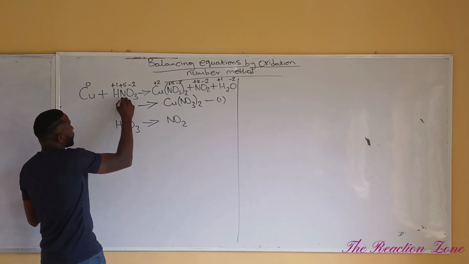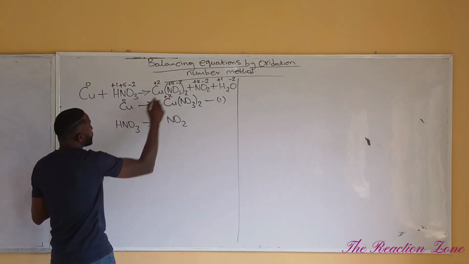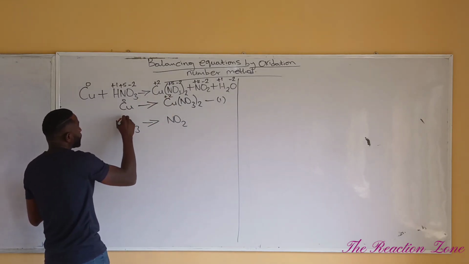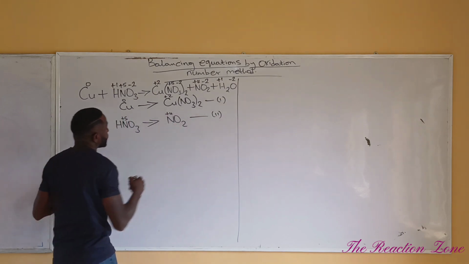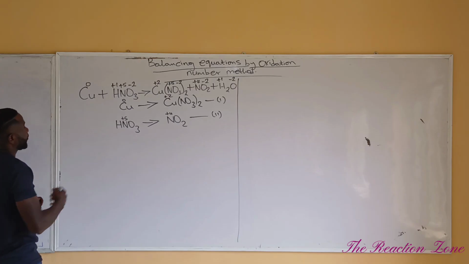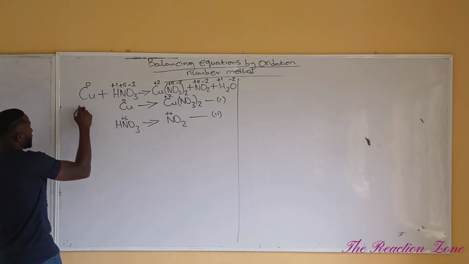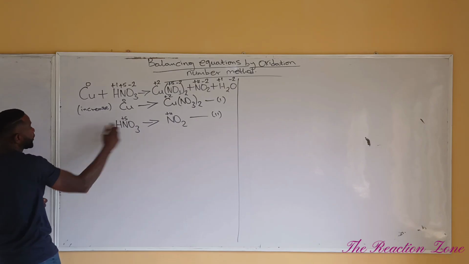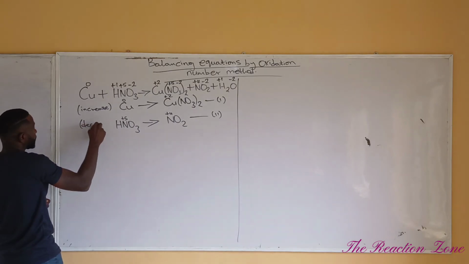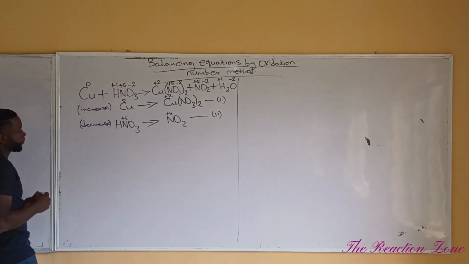You can see that this copper here is 0, copper here is +2, nitrogen here is +5, nitrogen here is +4. So this is our equation 2. In the first one, there is an increase in oxidation number. In this one, there is a decrease in oxidation number.